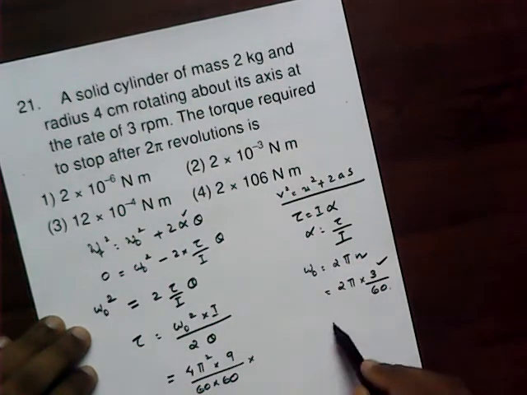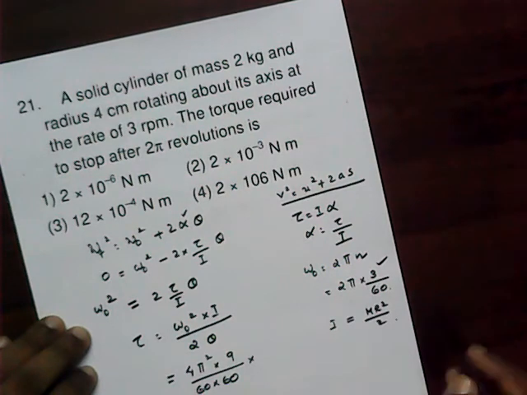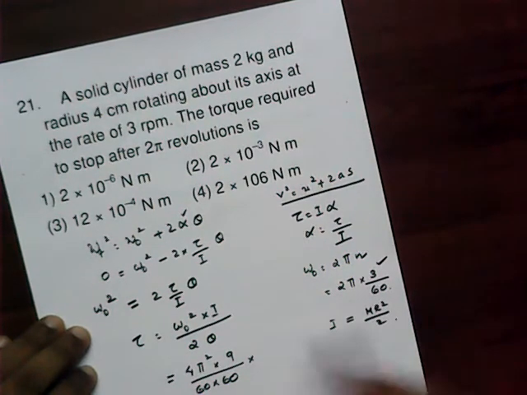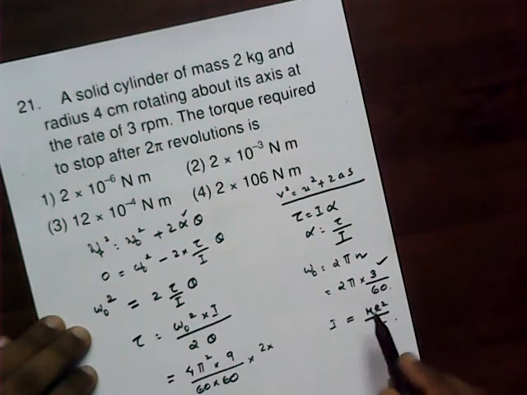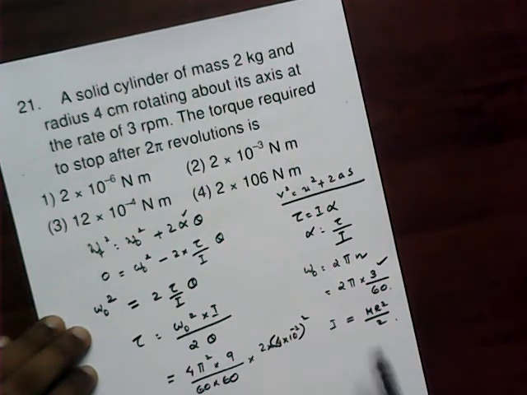What is I? The moment of inertia for the cylinder, mr square by 2. What is m here? 2 kilogram, into the radius 4 centimeter, so 4 into 10 raised to minus 2 the whole square, divided by mr square by 2 into 2 theta.